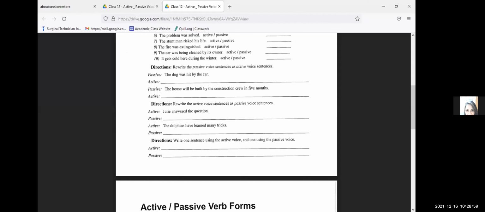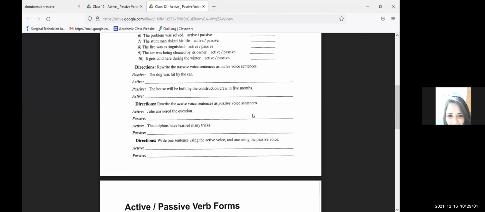Rewrite the passive voice sentence as active voice sentence. The dog was hit by the car. The car hit the dog. I'm sorry, hit is an irregular verb.